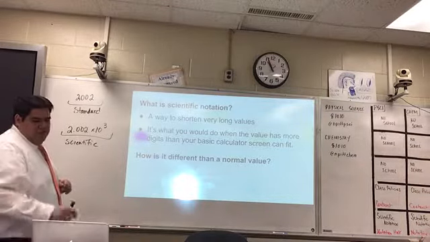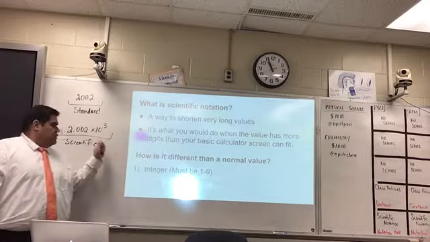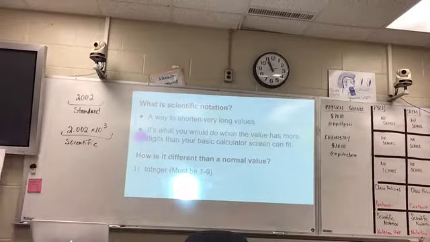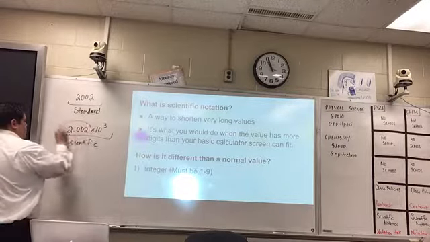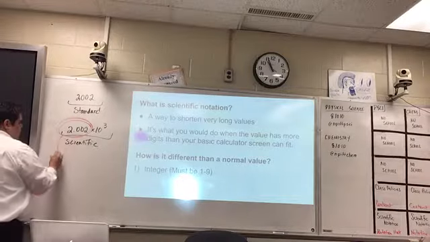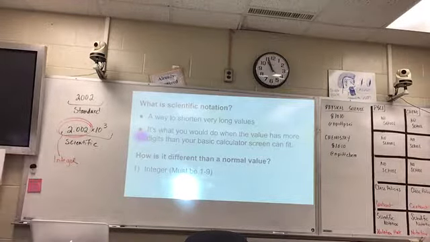Now, here's what I want us to do. Okay? There are two things that make the scientific number different than the standard number. The first thing, and I'm going to highlight them in red so that we don't get confused later because we need to get used to these words. What I've highlighted in red is what I call the integer. So when it says number one integer, that's what I just circled in red.